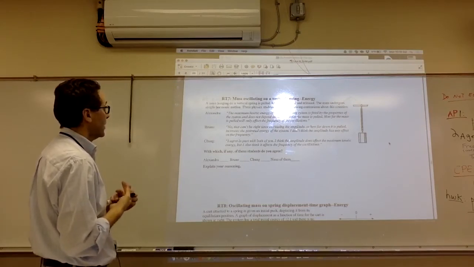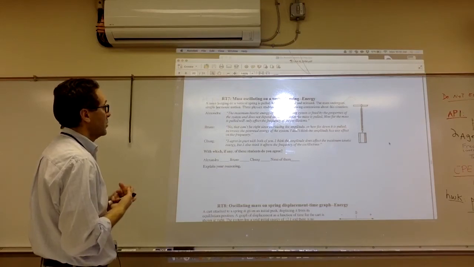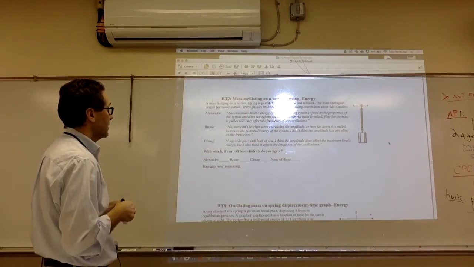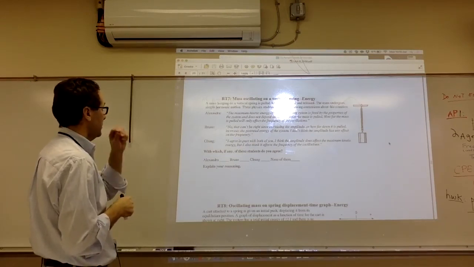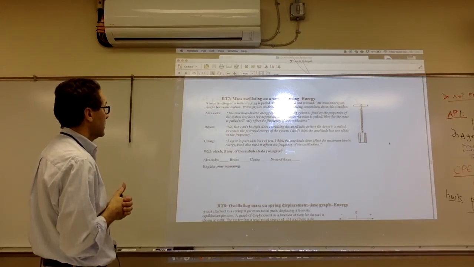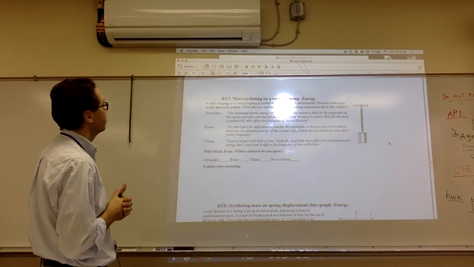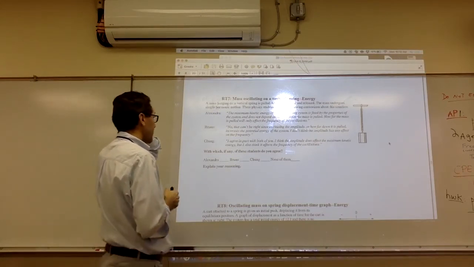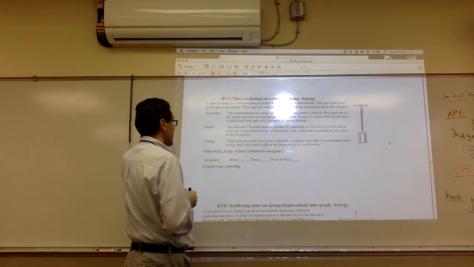No, that can't be right, since increasing the amplitude, or how far down it is pulled, increases the potential energy of the system. I don't think the amplitude has any effect on the frequency. That's true. The amplitude has no effect on the frequency.